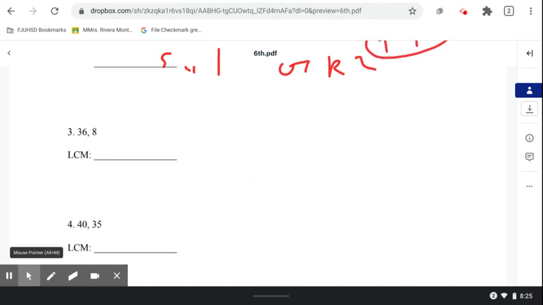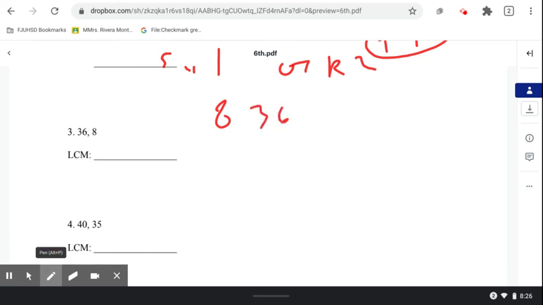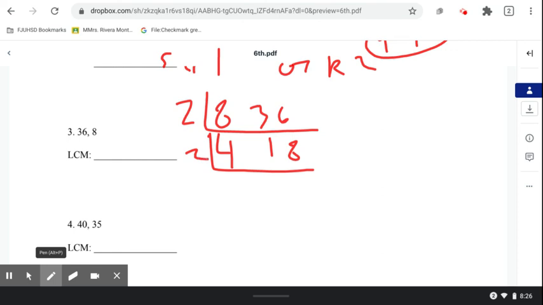But it's different for number 3 because number 3 has 8 and 36. So first of all, they're both even, so they both have 2, which is 4 and then 18. And then they're still even, so it's 2. So it's 2 and 9. And now there's nothing. So it's just 1, 2, 9.